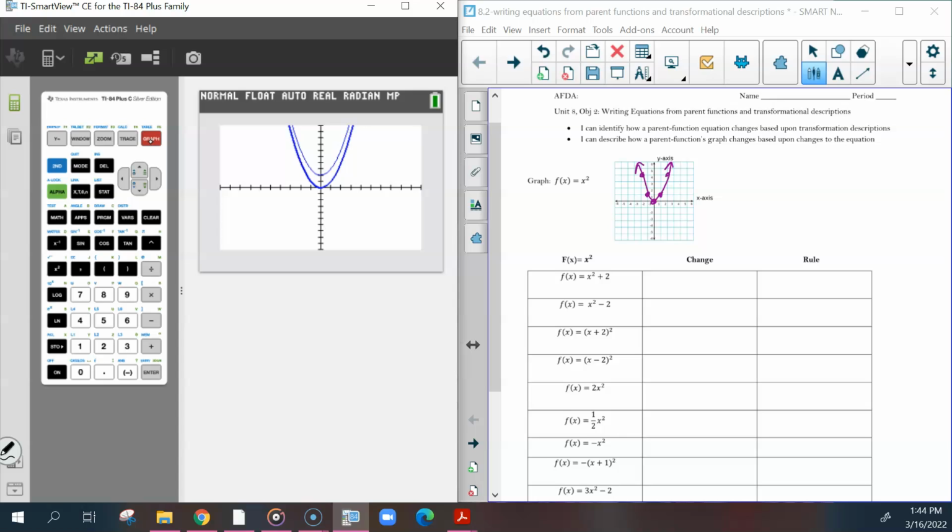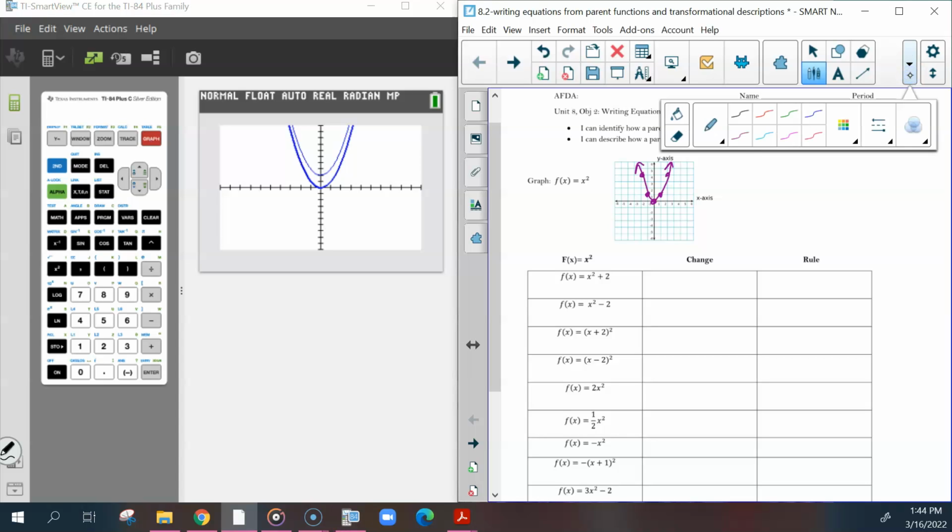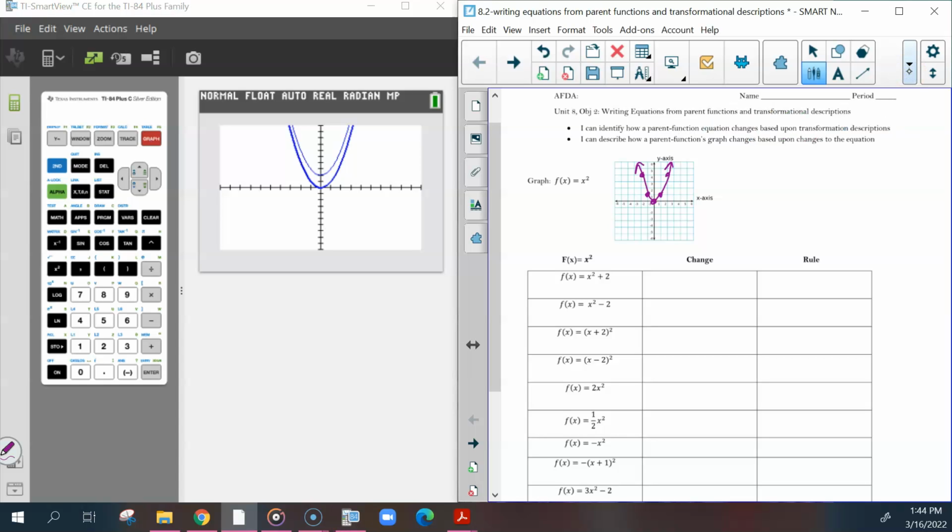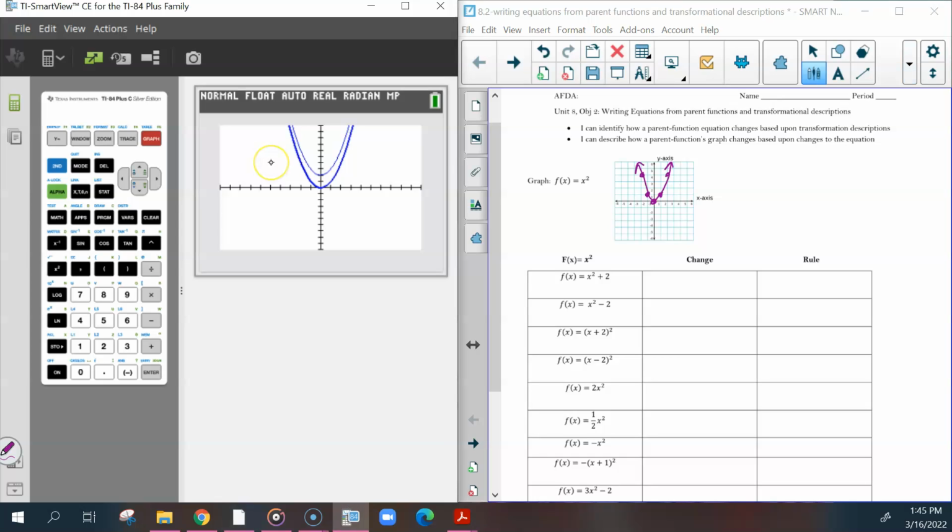When you write these changes and these rules, you should be able to write it as if you were explaining it to someone who's not here. So when you look at this, the thinner line moves up.